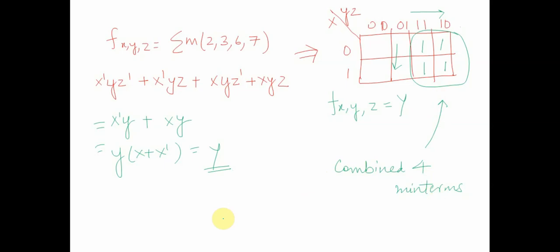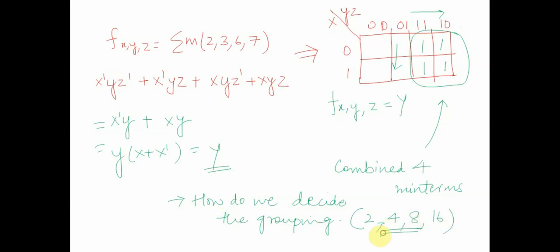And one more thing. The main fundamental over here is, how do we decide the grouping? How do we decide how many minterms we should group together, whether we should group 2, 4, 8, 16?